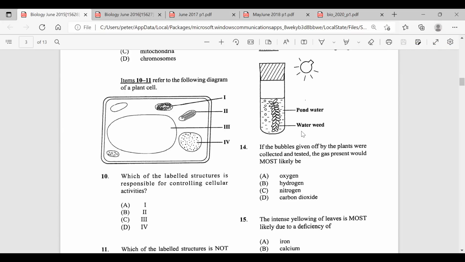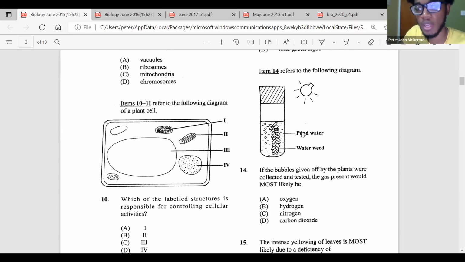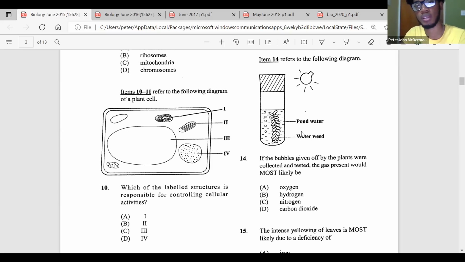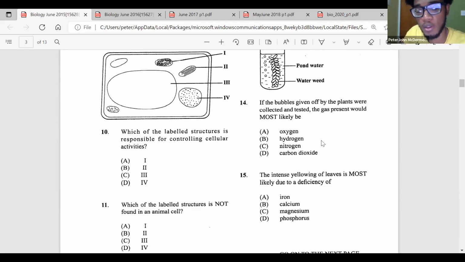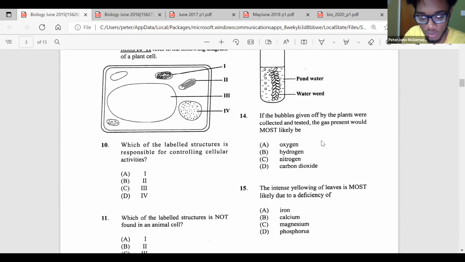Which process are we looking at here, by the way? Anyone can answer. We're at number 14. Does anyone know? All right, we're examining photosynthesis, right? Can anyone remind me of the equation for photosynthesis?